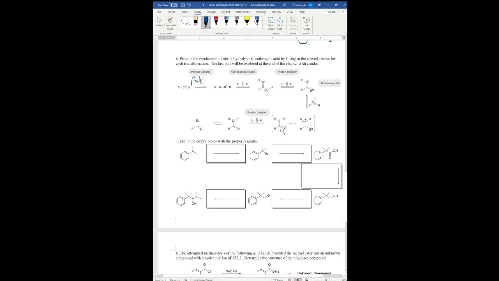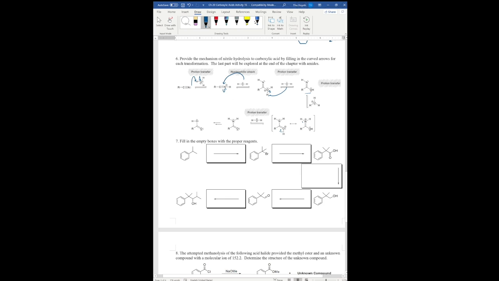In the next step, nucleophilic attack, your water will act as a nucleophile to try to break the pi bond, and nitrogen will pull all those electrons towards itself. In the very next step, proton transfer, this water now will act as a base to take away your hydrogen to give rise to this structure right here.